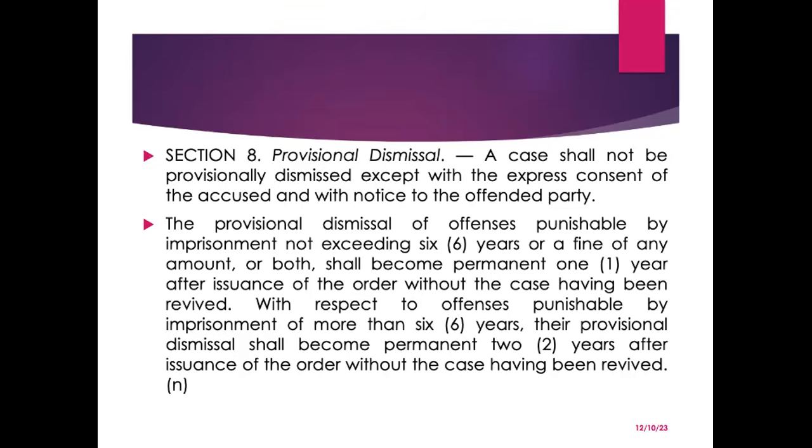So this is what the Supreme Court sought to avoid; it placed in the rules that there has to be a period, and if a case is provisionally dismissed, there is a time limit within which you can actually revive the case, okay?